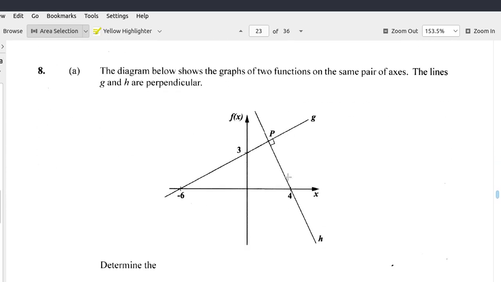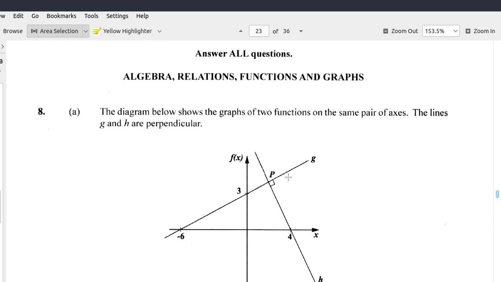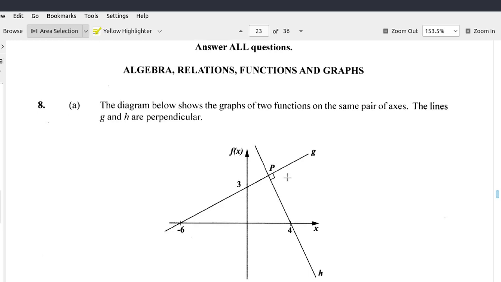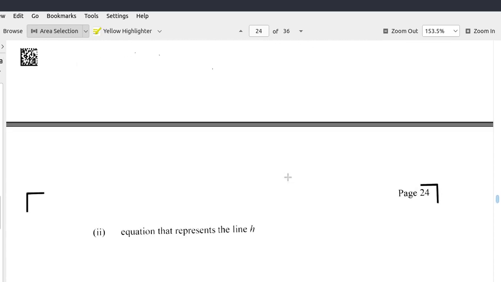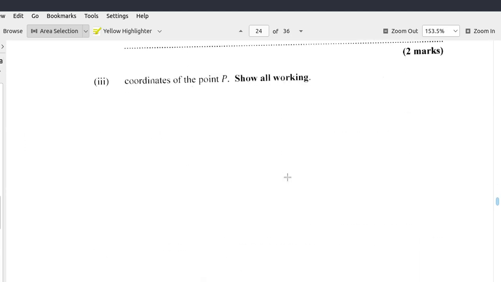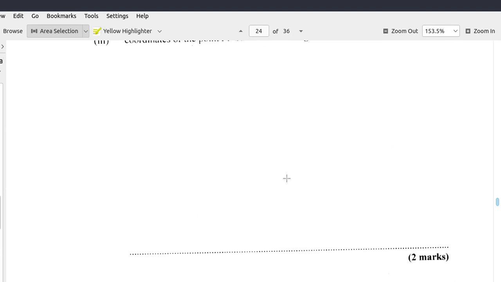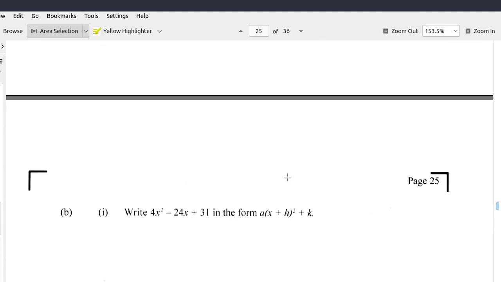Section 2. This is some amount of geometry. What else do you have? So you have geometric calculation and angles. Then this is completing the square.